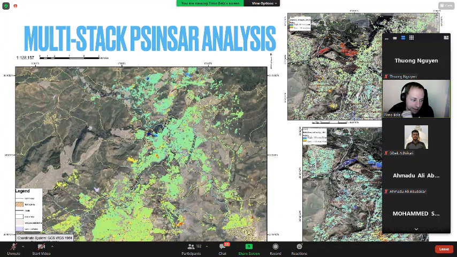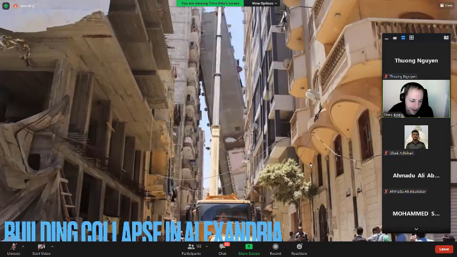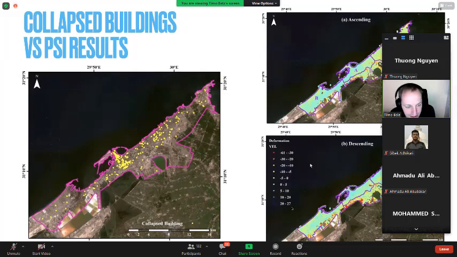Another example is from Alexandria, where we also have building collapses. The question here was, can we have some kind of prediction, or at least identify areas that are more in danger for buildings, comparing deformation to actual building collapses?